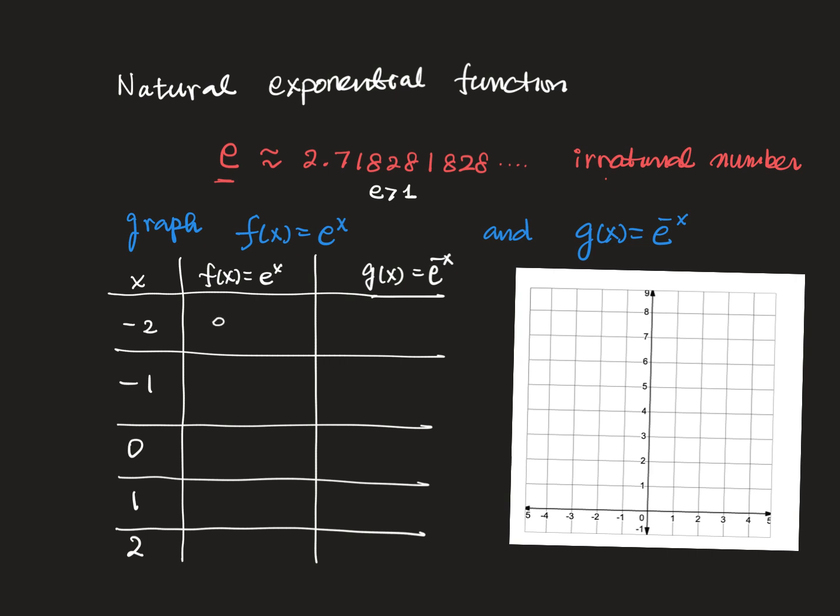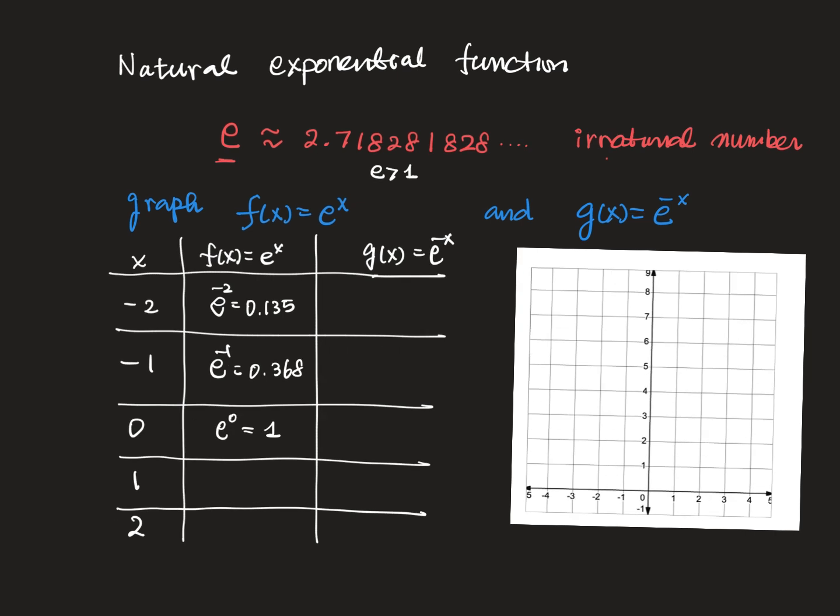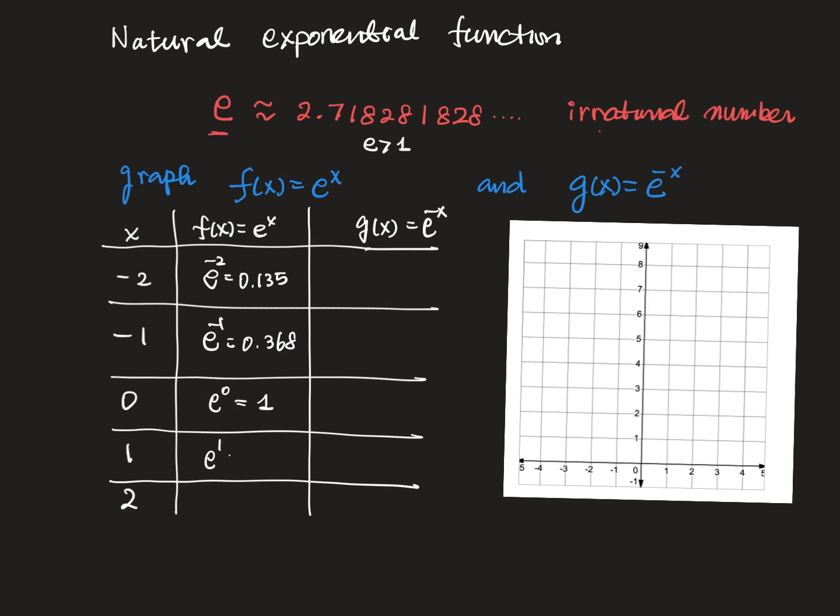E to the negative 2, to 3 decimal places, is 0.135. E to the negative 1 is 0.368. E to the 0 is always 1, guys, always 1. E to the 1 is 2.718.